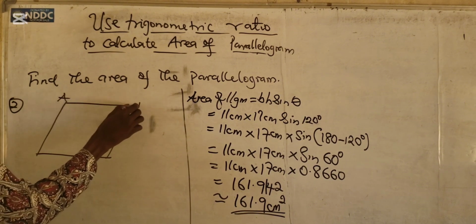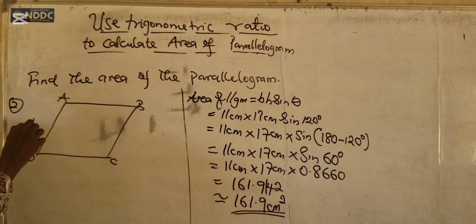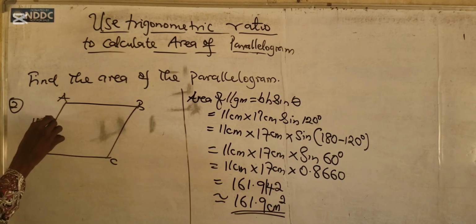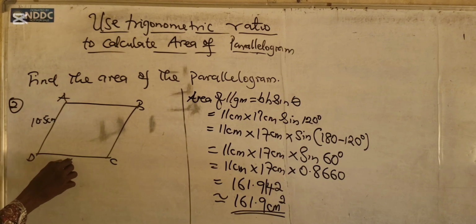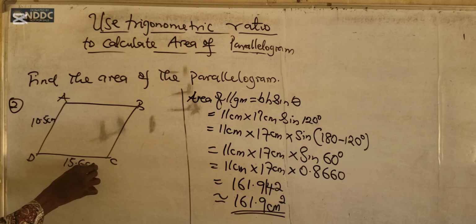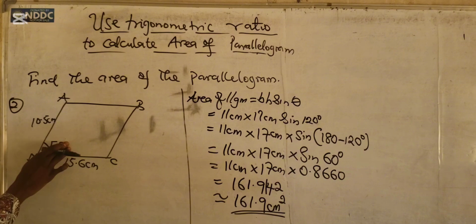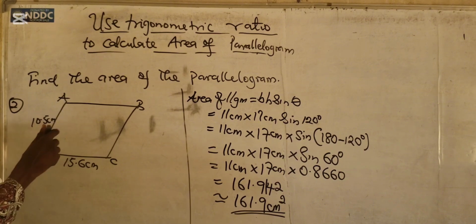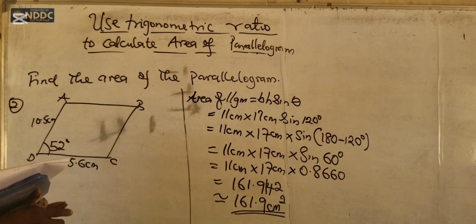There's A, B, C, let me call it D. Now, here is 10.5 centimeters. Here is 15.6 centimeters. And this angle is 52 degrees.